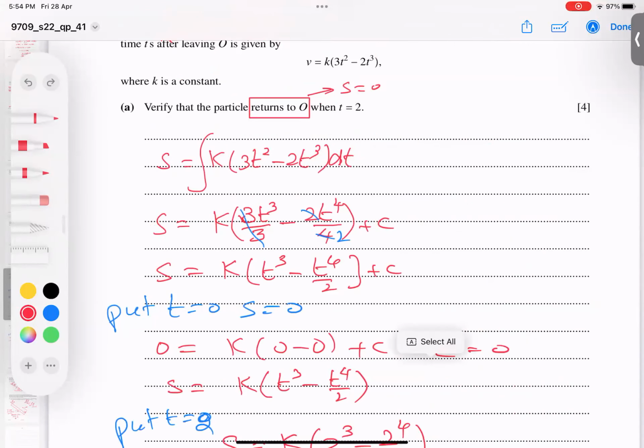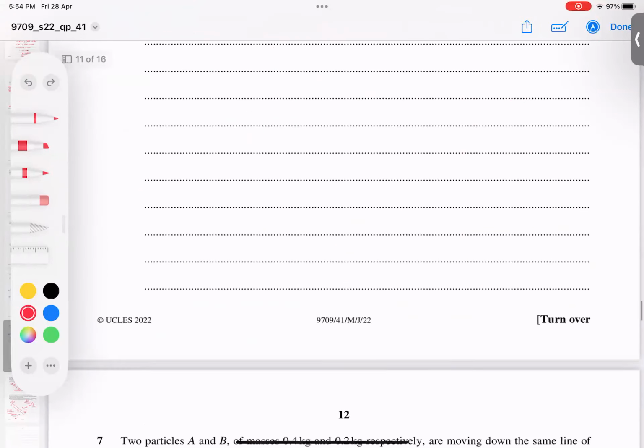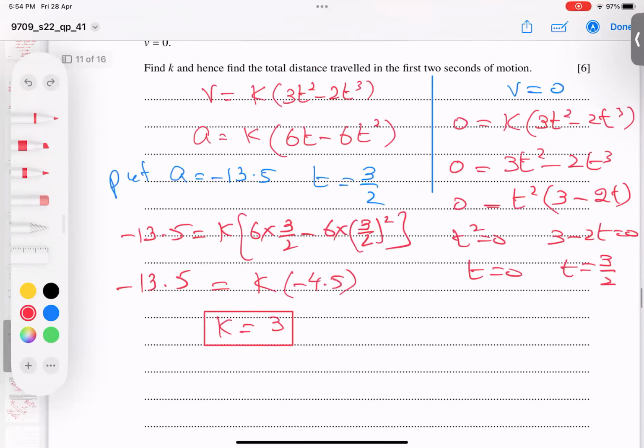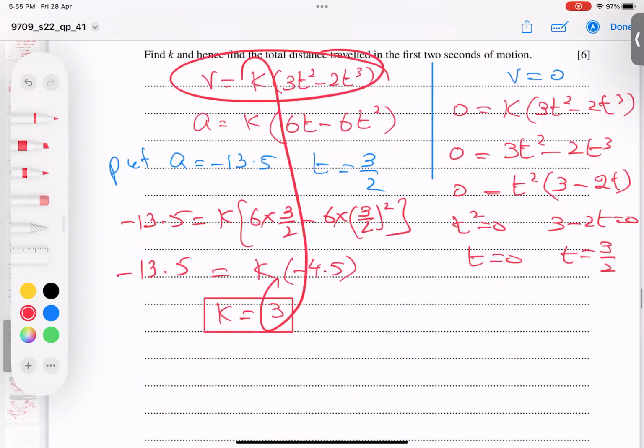So, students, I know the velocity expression. Where is it? This one, and the value 3 will go there.